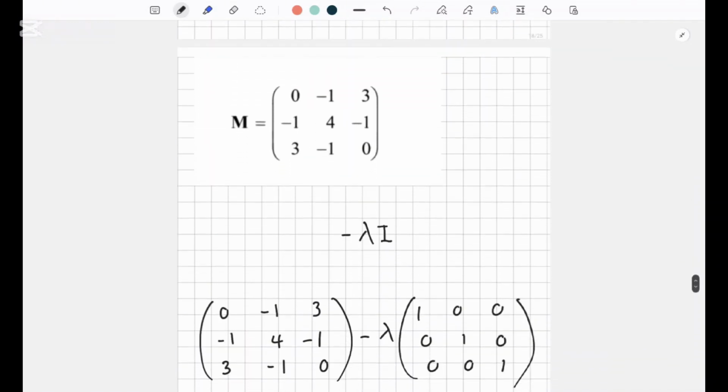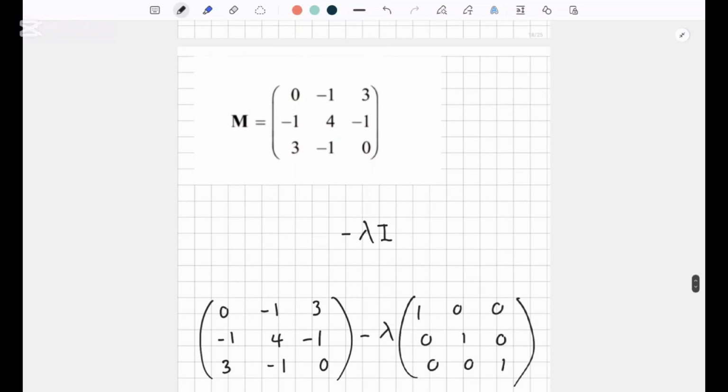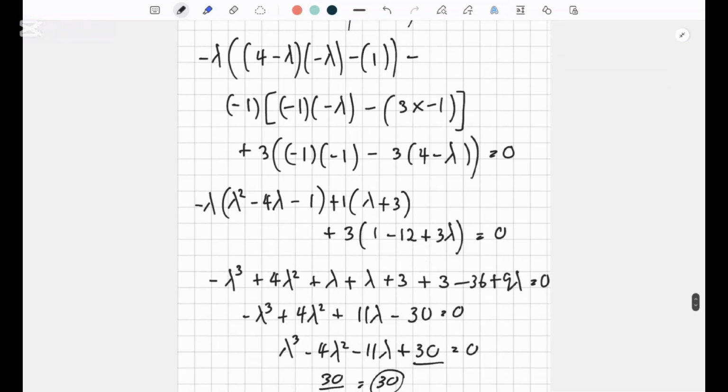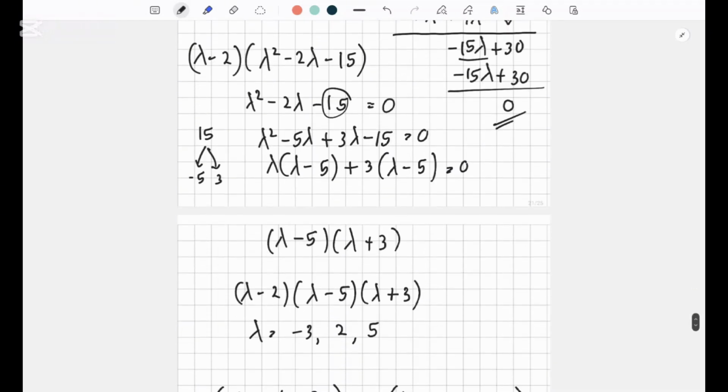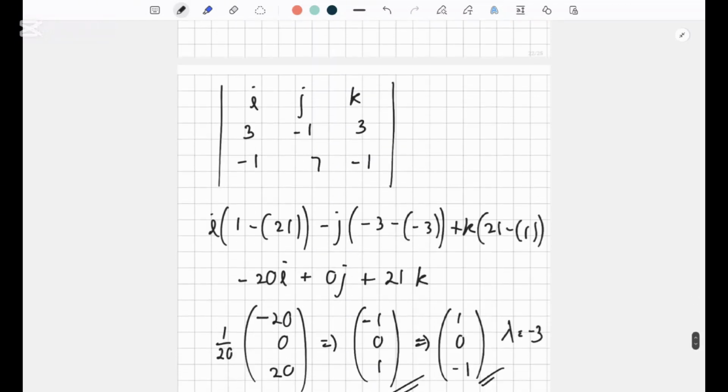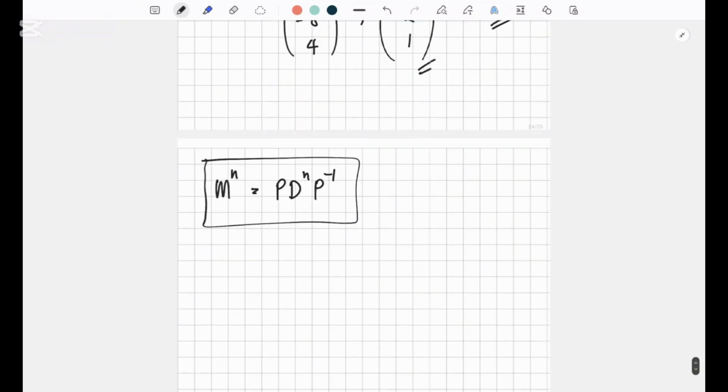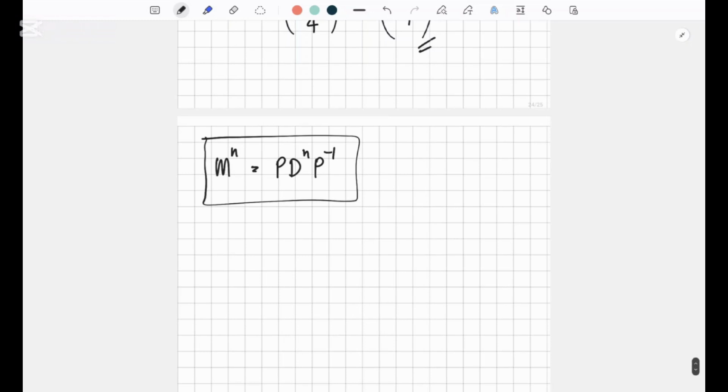If you want, let's say, M squared or M to the power 3, say you needed to find this matrix multiplied by itself 3 times, 4 times, it's a long process, right? To save time, this is why we find eigenvalues and eigenvectors.